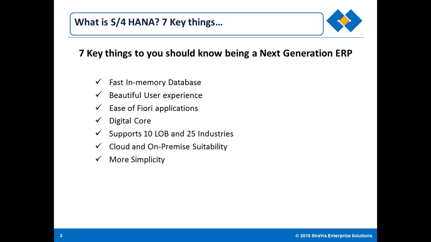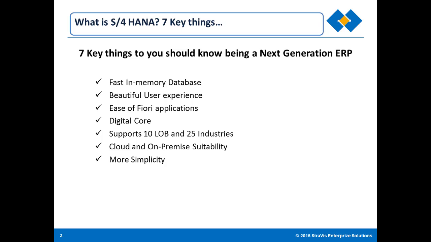Right now, HANA is supporting around 10 lines of business and 25 industries. And most importantly, HANA can also be deployed either on-premise or on cloud, depending upon your budget, suitability, and number of users, and so many other parameters will influence this particular decision.